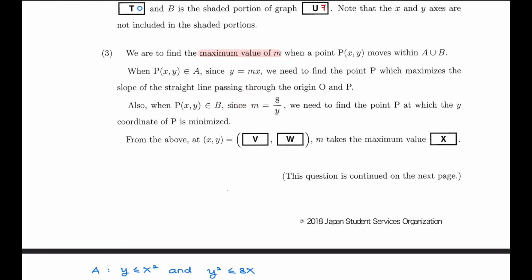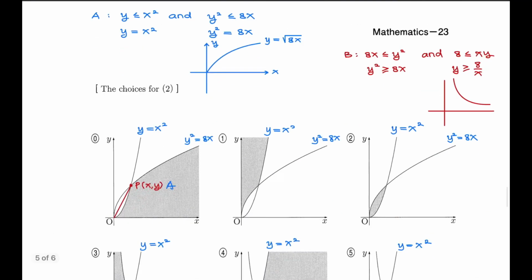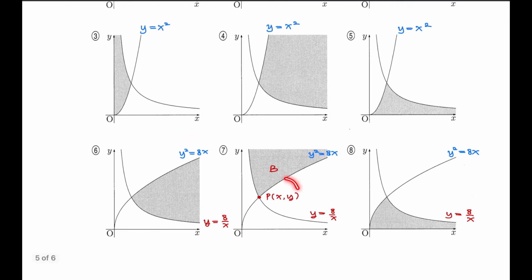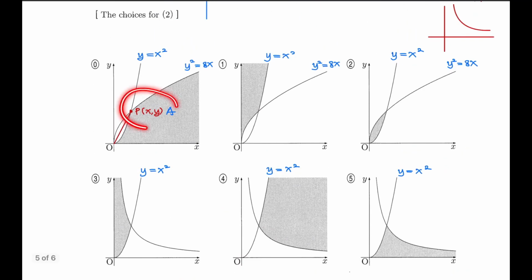So we have to find where the y coordinate of P is minimized. On this shaded region it is this point. This is P, x, y. This is the point where the value of m must be maximum.